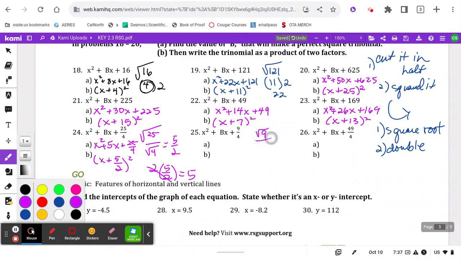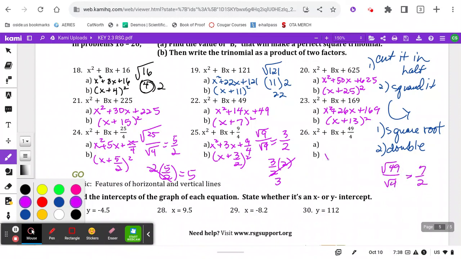Square root of 9, square root of 4 is 3 halves. Double that, 3 halves is just 3. Square root of 49, square root of 4, 7 halves. And then double the 7 halves is just 7.